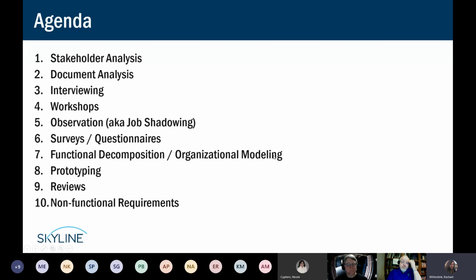So this is our plan for today. You can think of it as a BA 101 primer course. You may already be familiar with a lot of these techniques. You may already do them intuitively without knowing that they are official techniques as recognized by the IIBA, which is the International Institute of Business Analysis, where Denelkis works.